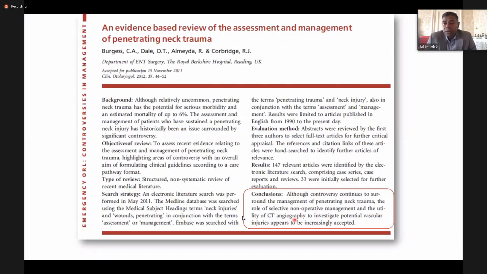Previously, there weren't clear investigations which tell you whether there is any underlying vascular injury. But nowadays, CT angiography is more specific and easily available, and there are very good radiologists to report any underlying vascular injury.